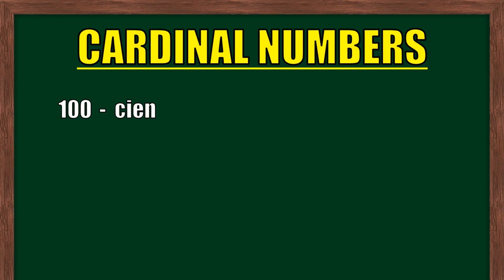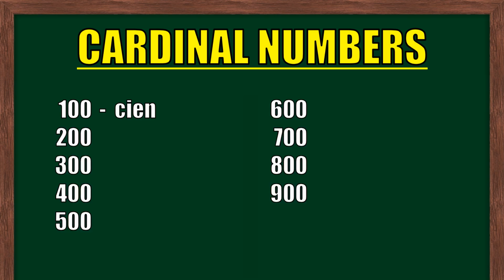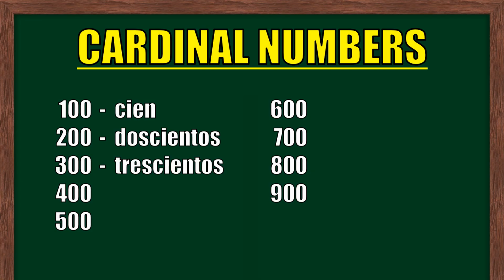But then how do I say 200, 300, 400, etc.? Well, it's pretty simple. You just say the number and then cientos: doscientos, 200; trescientos, 300; cuatrocientos, 400.